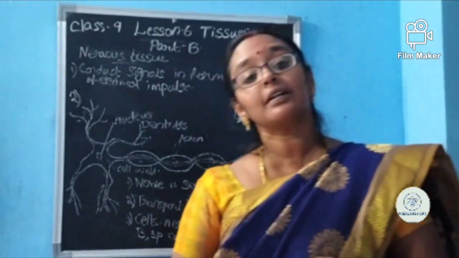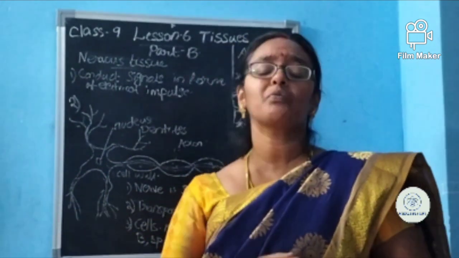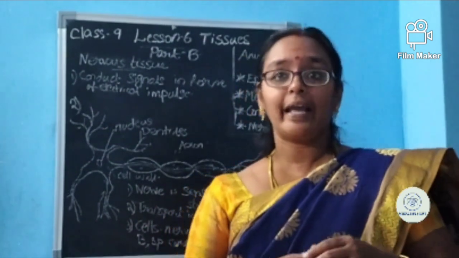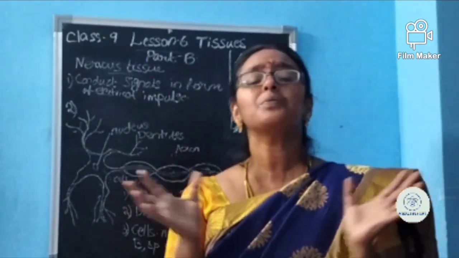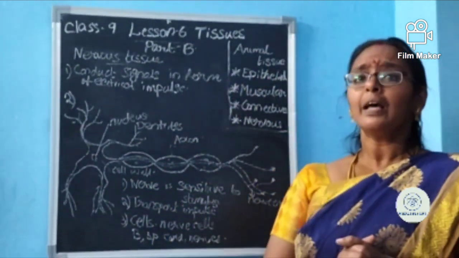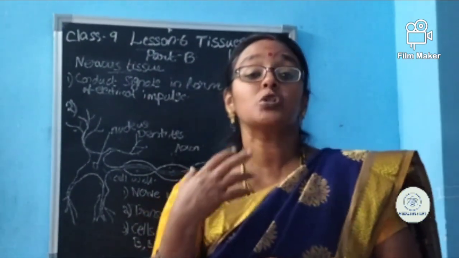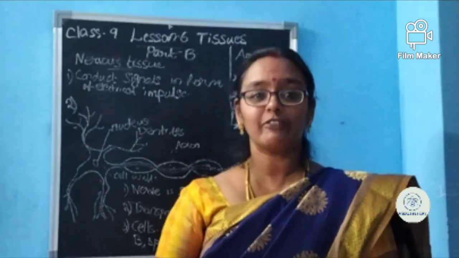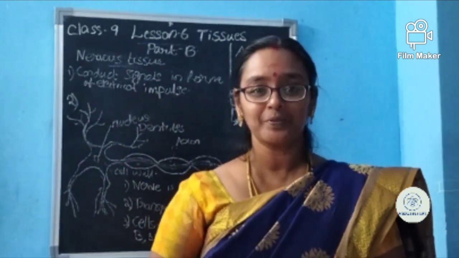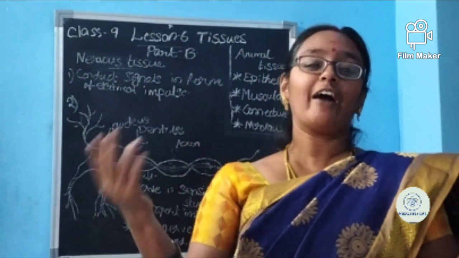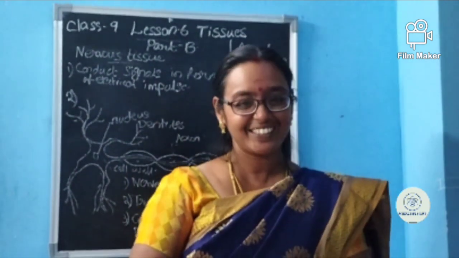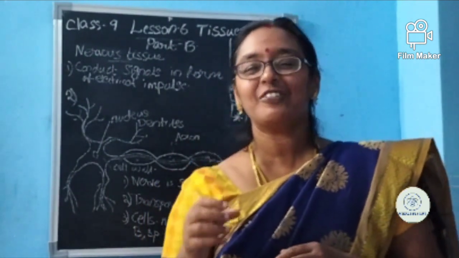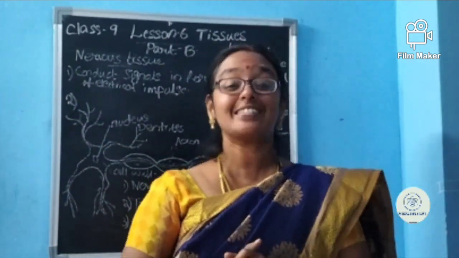How many nerves are there in our body? Millions of nerves. To say, billions of nerves are there in the human body. In animals also, many more nerves can be seen. If there is no nerve, will it be good for us? Yes, dears, if your teacher is beating you, you will not have any feeling. That's good, right? No. Actually, for a little satisfaction you can say it is good.